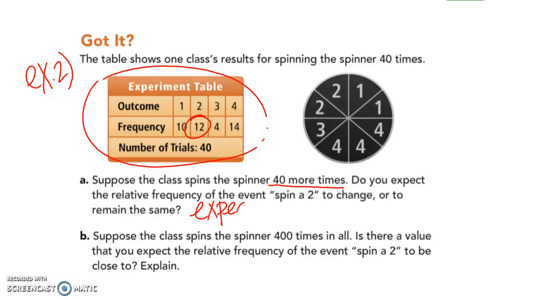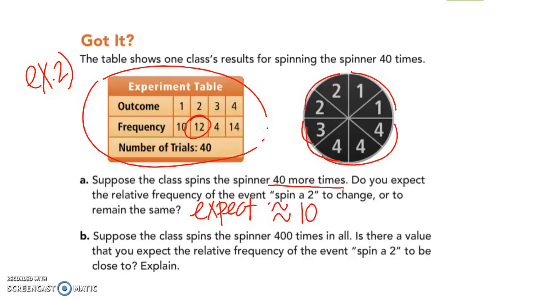I would expect, if we're spinning it 40 times, and there's 4 different numbers it could land on. It could land on 1, 2, 3, or 4. I would expect it to probably be around, I'm going to say approximately 10. Okay, if there's 40 spins, there's 4 numbers. But it might end up being 12.